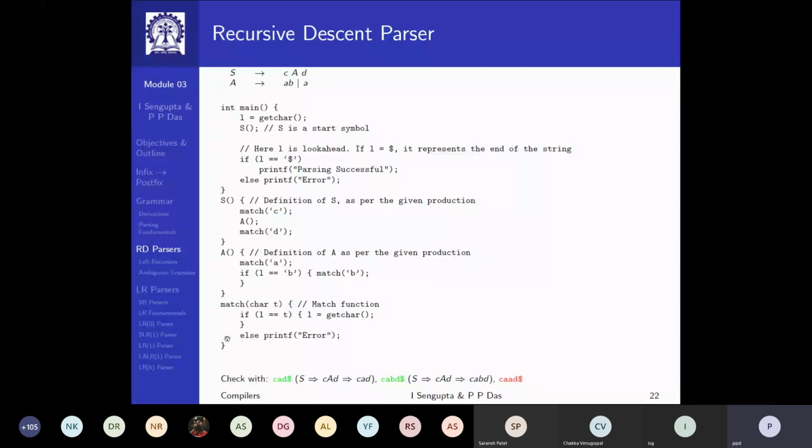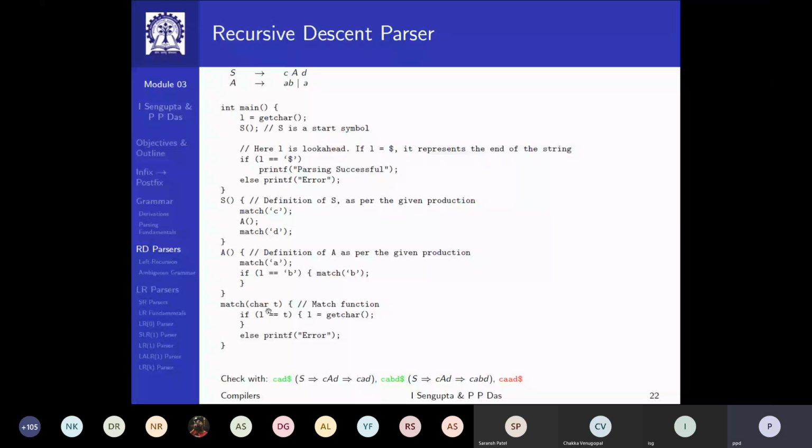As you do that, you read the next character from the input, so you get to the next look ahead. If it does not match, then there is a disconnect between what your production rule expects to see and what you actually have. So you print an error and the process ends. So that's the match function.